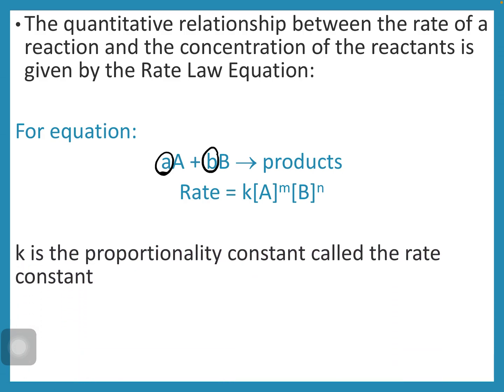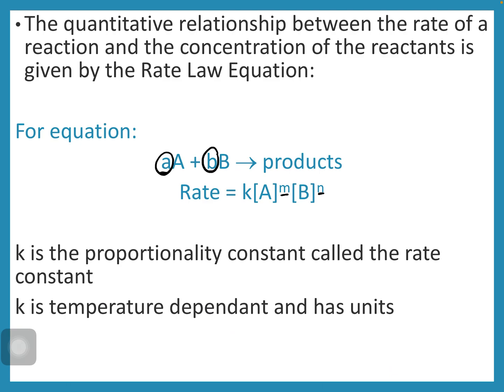So K is a proportionality constant that is called the rate constant, and it does not have a specific set of units. The units depend on the exponents that we end up having in the rest of the equation. So K is temperature dependent, so my rate constant will change as the temperature changes.